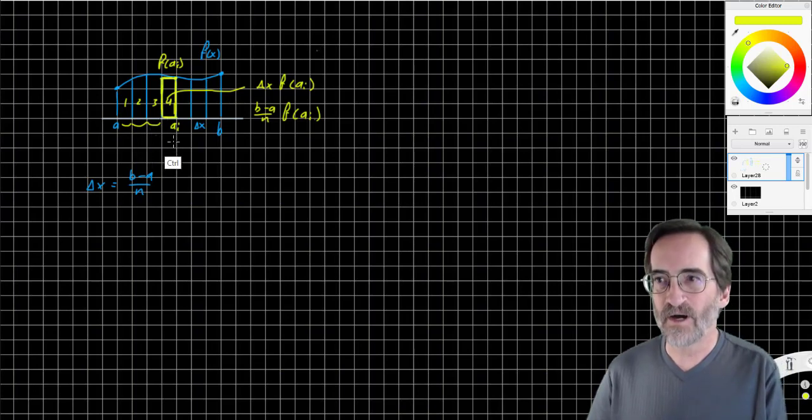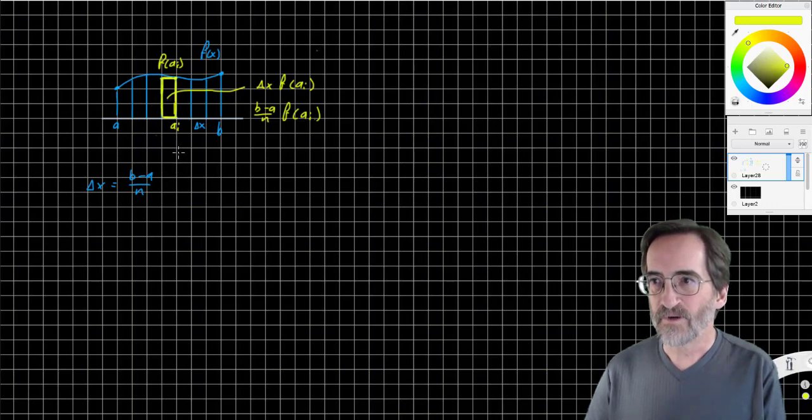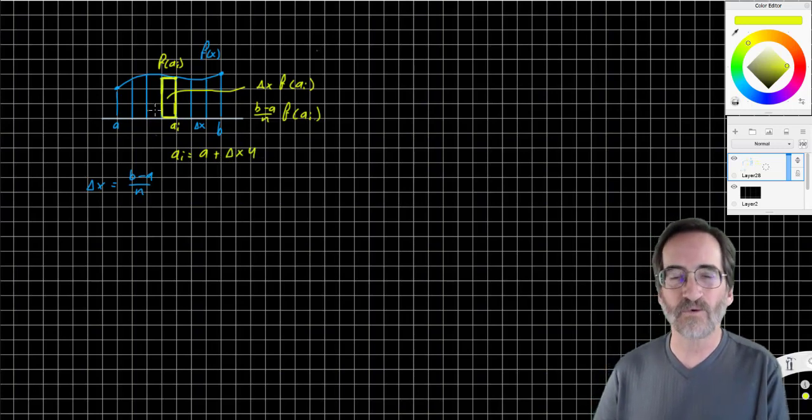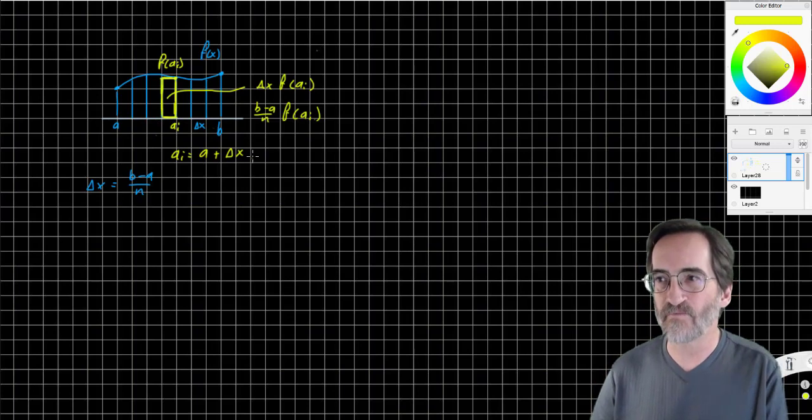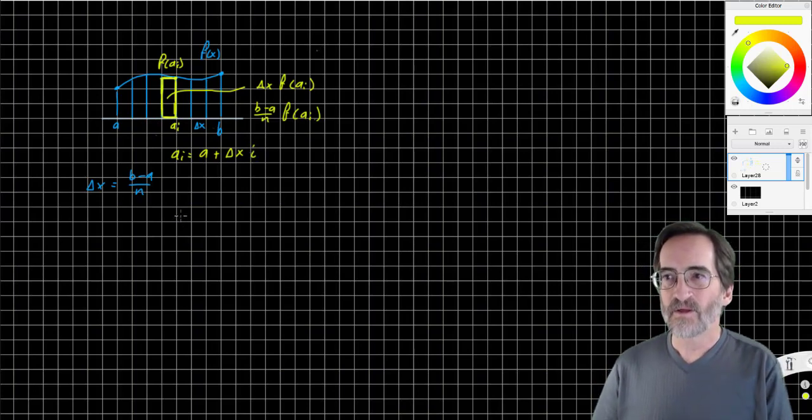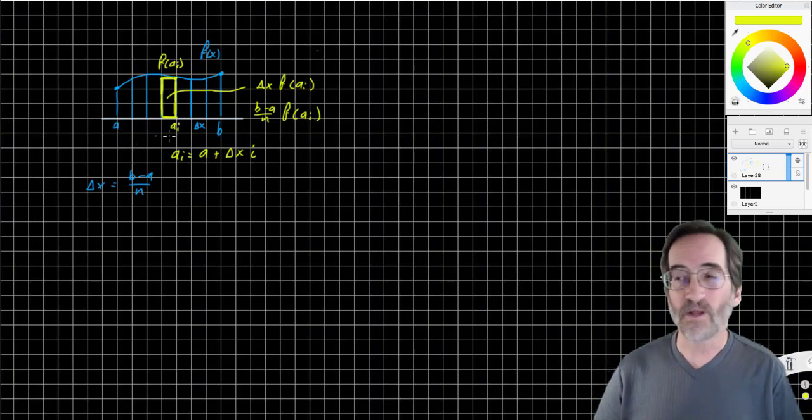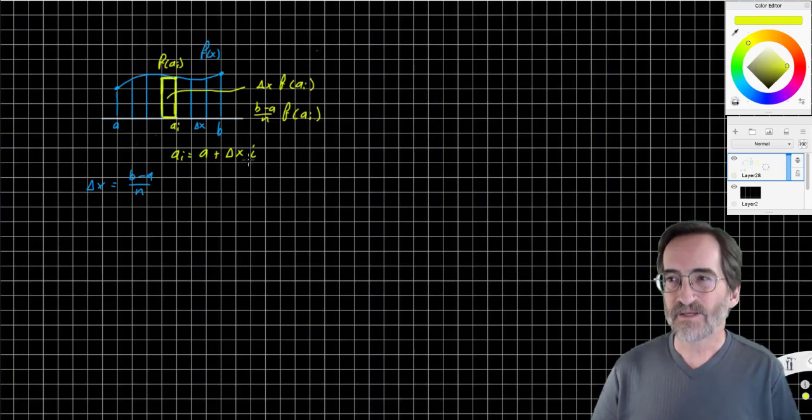So a sub i equals a plus delta x times 4, but 4 is just a placeholder I was putting in for i. So a sub i equals a, we'll call it a sub 0 if you like, plus delta x times i.